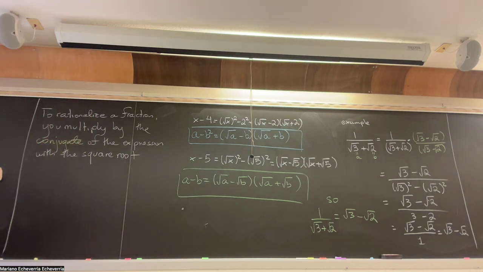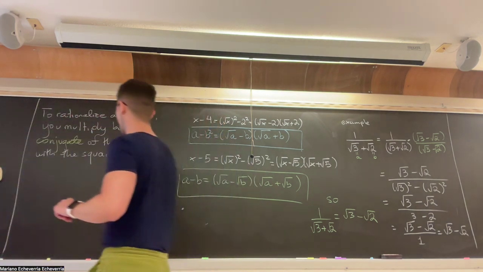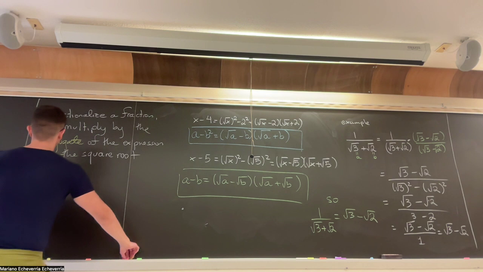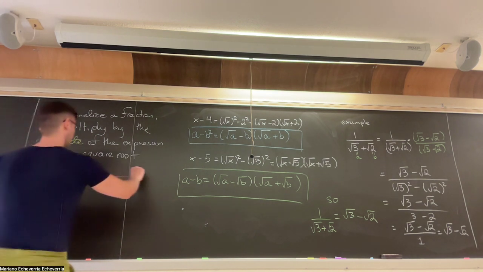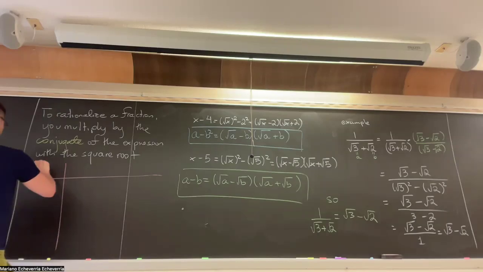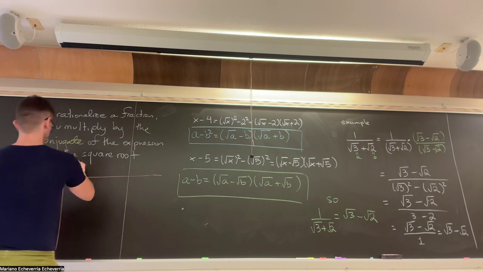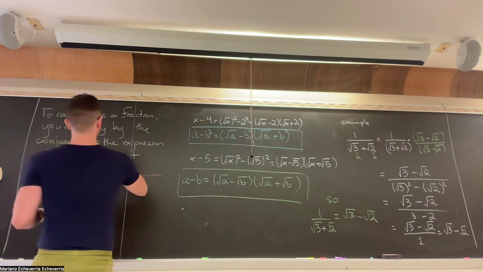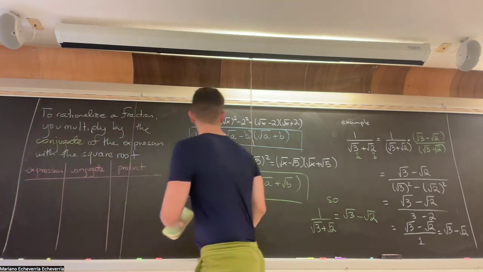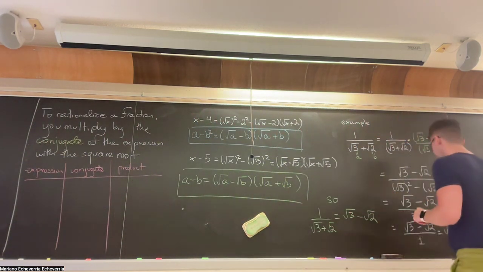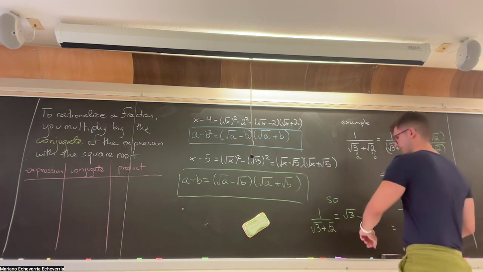So let me put it in a table, because that's easier to understand. For example, the first one is the green one.